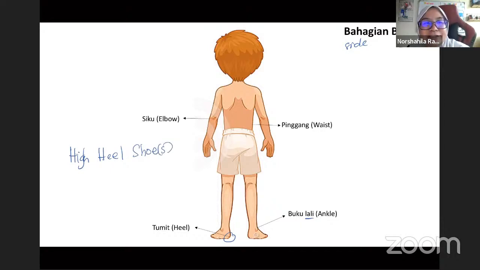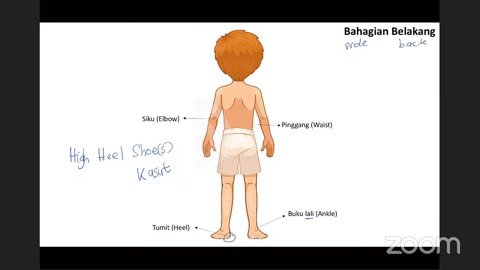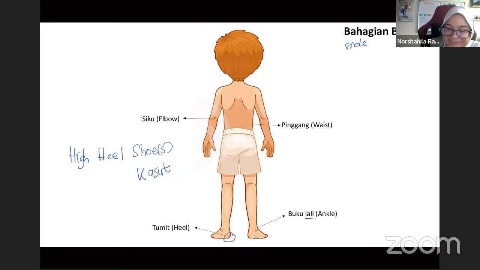Okay, high heel shoes or shoe. Shoe is kasut. Okay. Can you find the meaning? What is the high heel shoe in Bahasa Melayu? Yes, kasut tumit tinggi.